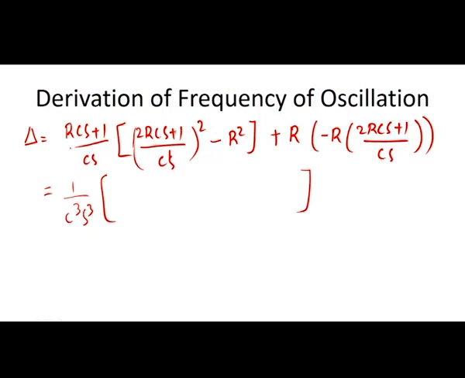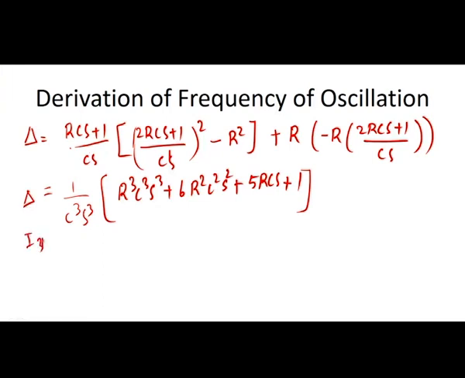So you will have a square plus b square plus 2ab. First you expand this, then you multiply this term 1 plus RCs inside, and then finally you will get an equation like 1 by C cube S cube into R cube C cube S cube plus 6R square C square S square plus 5RCs plus 1. So once you simplify this equation, you will get the determinant value like this. So this is your del value.